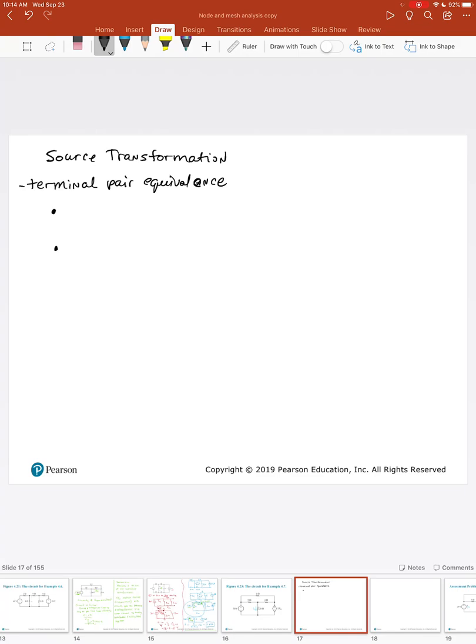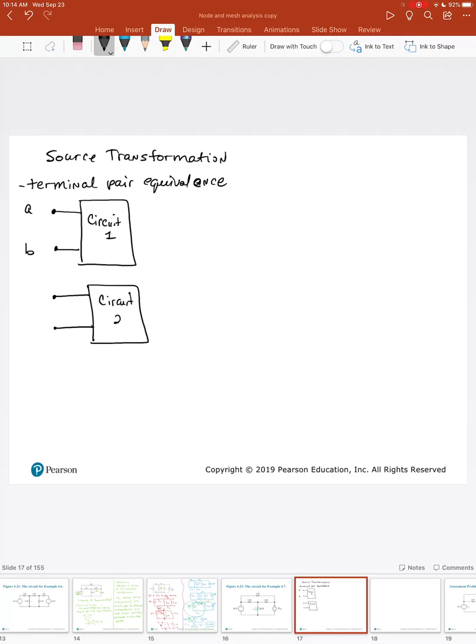It's extremely important that when we do that, we think as we make our substitution about terminal pair equivalence. Here's a couple of circuits, and I just put them in boxes. So I have circuit 1 and circuit 2.